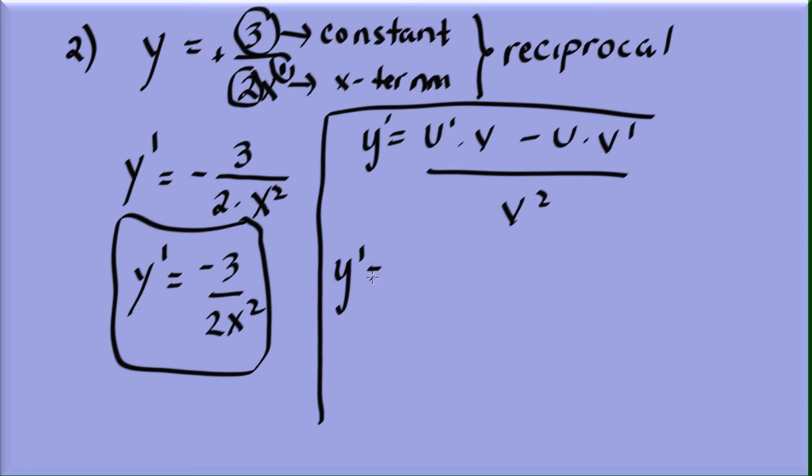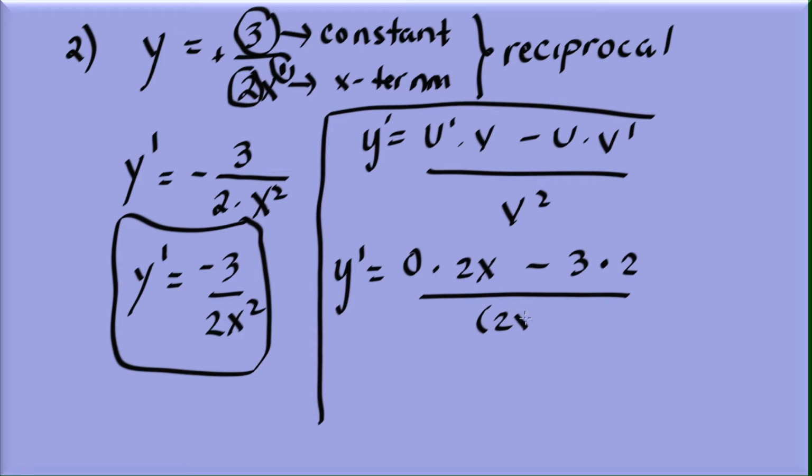So your y prime is equal to what? u prime, which is the derivative of the numerator, which is 0, multiplied by v. Now the v is 2x, okay? Minus u, your numerator 3, times v prime. Okay, v prime is the derivative of your denominator, which is now 2, over v squared.